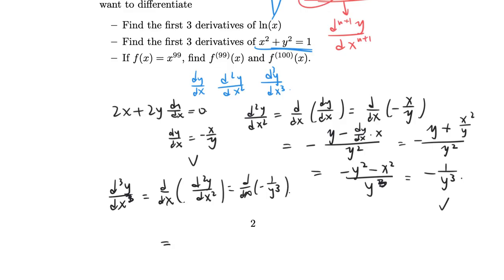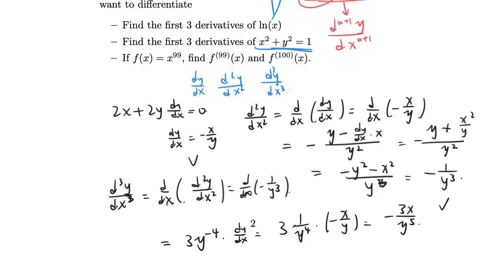By the power rule, this would be 3 times y to the negative 4 times dy over dx. And dy over dx is just this, so it would be 3 times 1 over y to the 4 times negative x over y, and that is negative 3x over y to the 5. So we have expressed all the higher orders in terms of x and y.